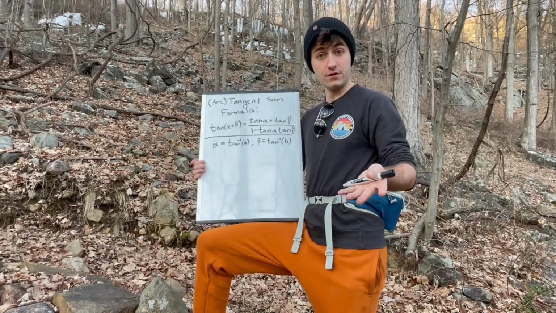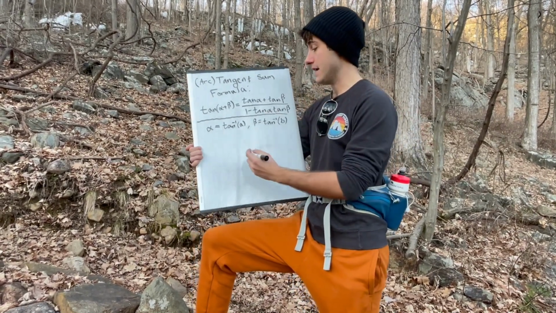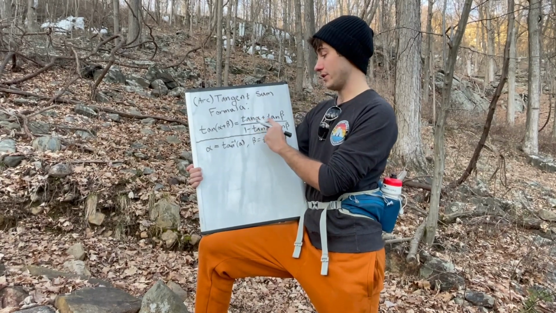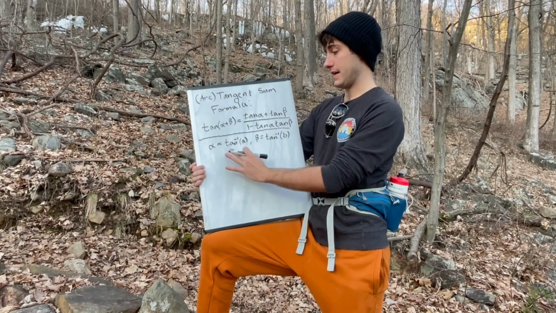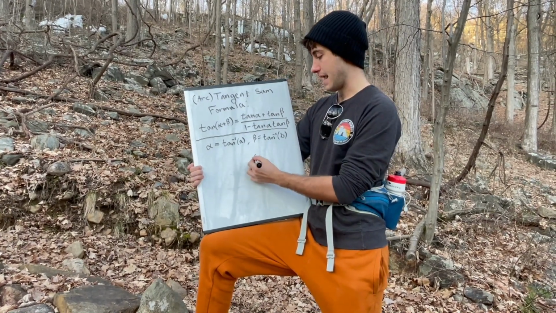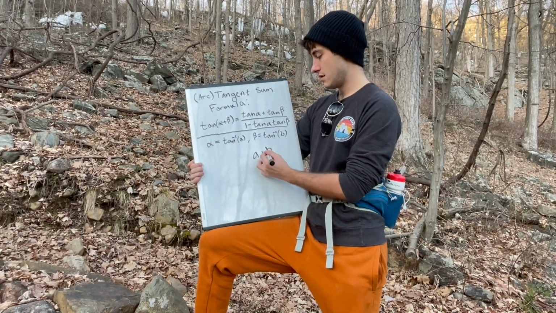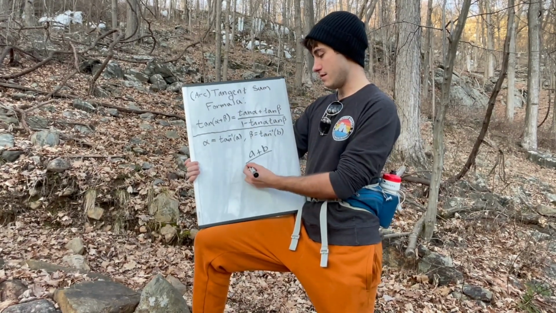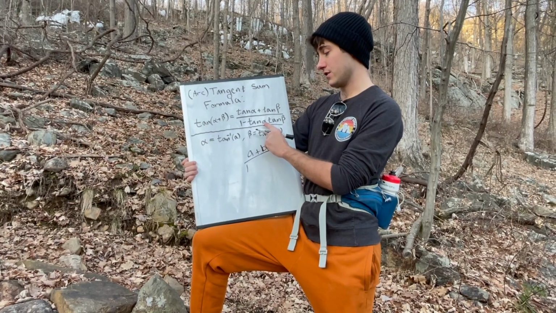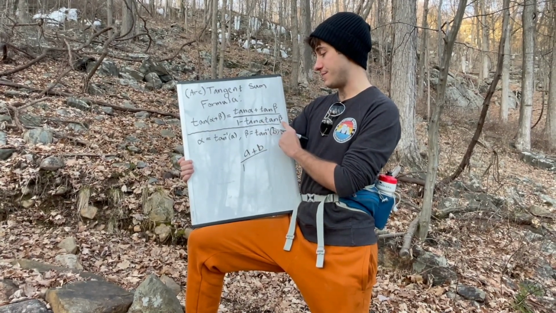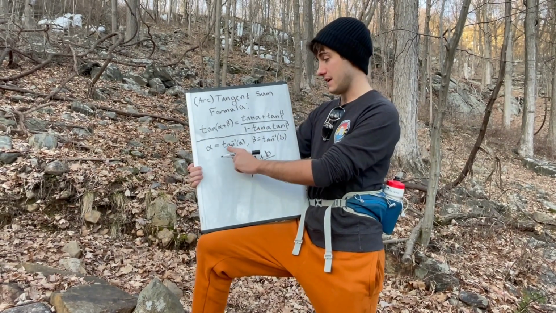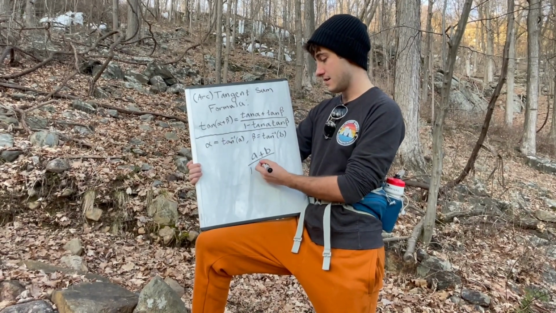Those tangents and inverse tangents are just going to cancel. And so what we're going to have here is just a plus b in the numerator, because these tangents will cancel with these inverse tangents. And the denominator will be 1 minus, well, we're plugging in inverse tan of a in there and inverse tan of b in there. So the tangent of the inverse tangent of a is just a.